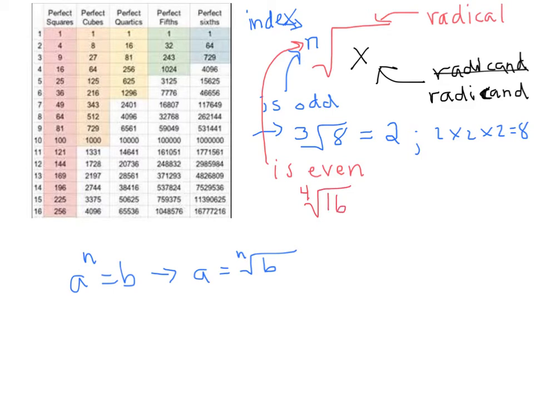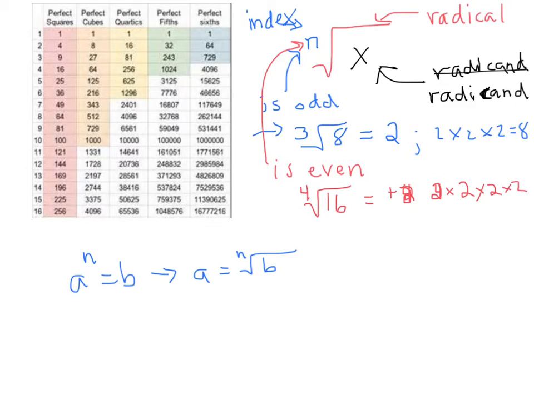Here, you see that the index is even, or the n value is even. So the principal root, the positive root, would be positive 2, because 2 times 2 times 2 times 2 equals 16.